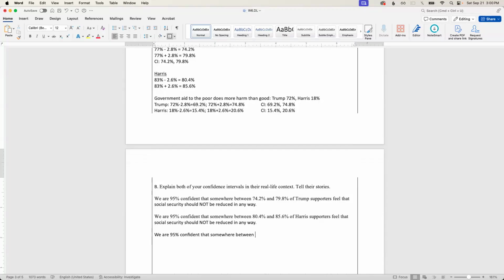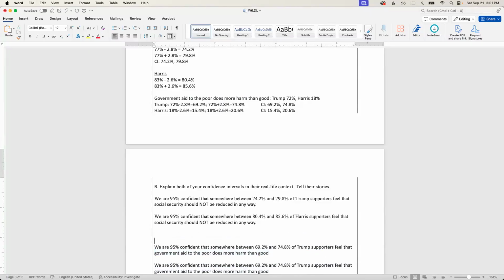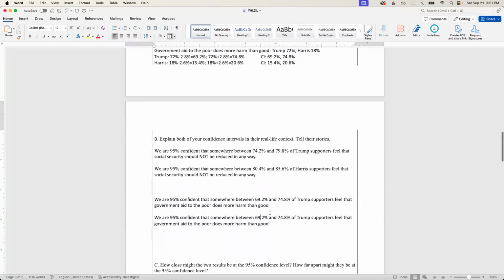And for Trump supporters, it's between 69.2% and 74.8% who feel that government aid to the poor does more harm than good. And Harris, it would be 15.4 and 20.6.